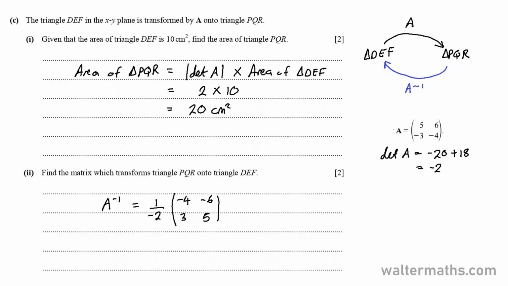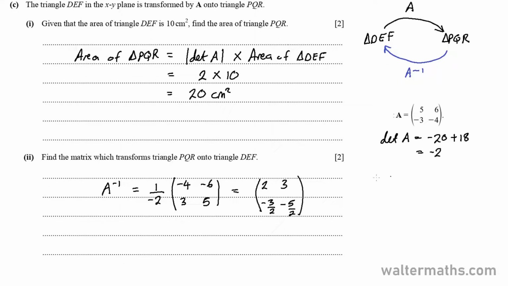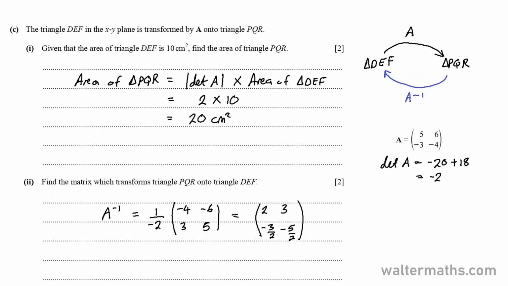So that's A inverse, and we can just simplify this to multiplying minus a half into the bracket. We'll be having 2 and 3 and minus 3 over 2 here and minus 5 over 2. So that's what we get as the answer, and we are done with question number 5.